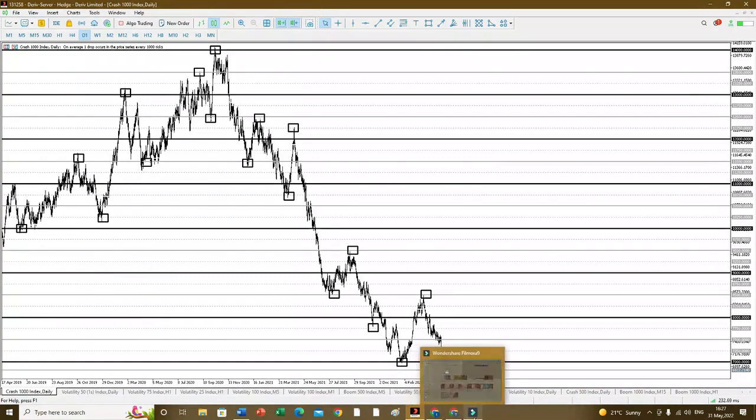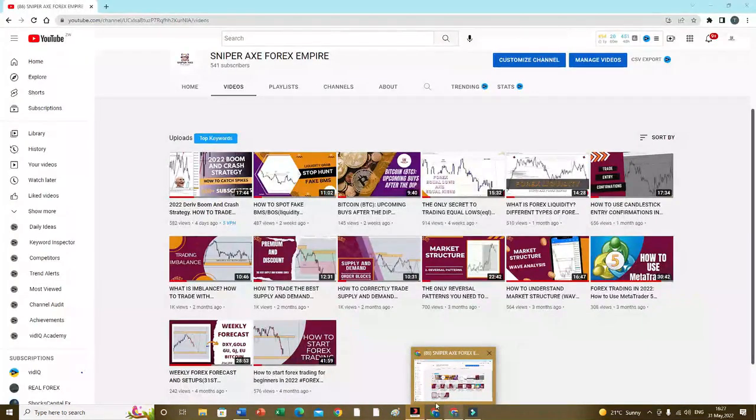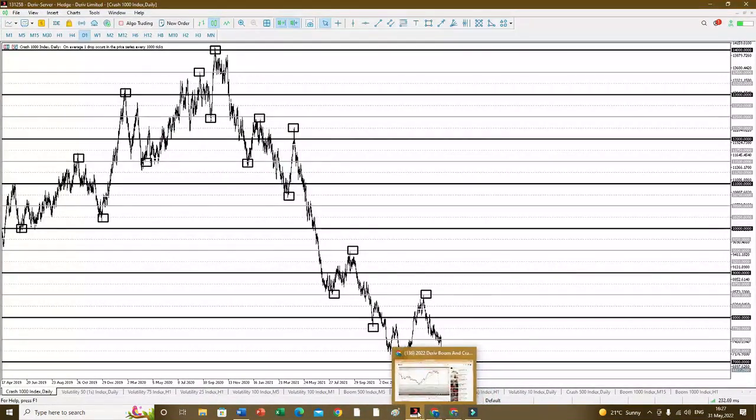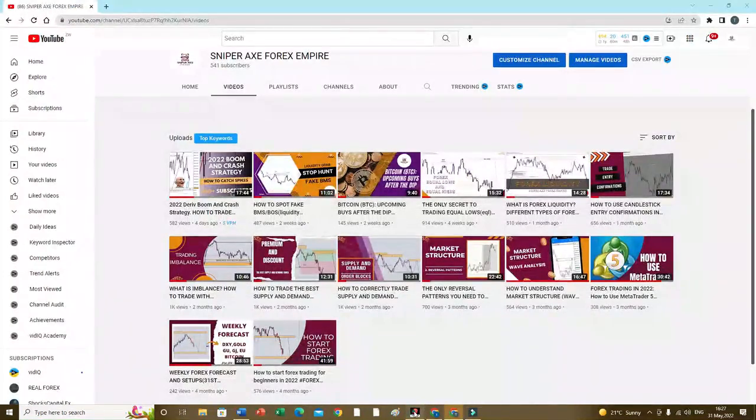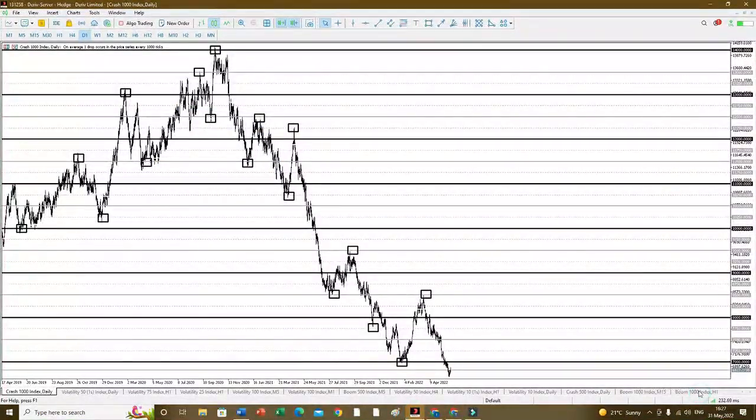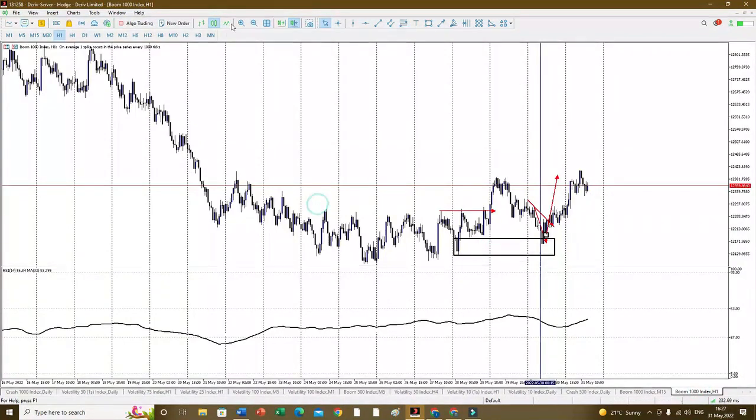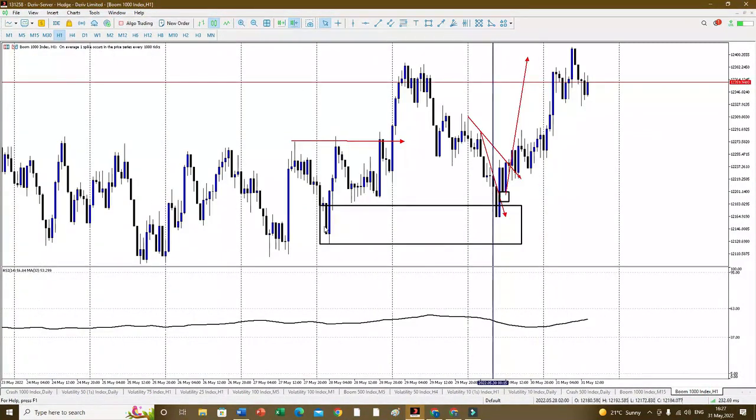Let me go to Boom 1000, then I'll show you a rough idea of how to do that. On Boom 1000, this is what we have. As our price was approaching this order block, inside this order block we look for a psychological or round number that is within that very order block. To do it, it's very easy.